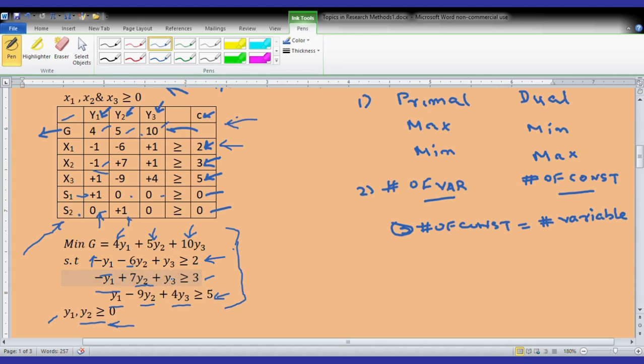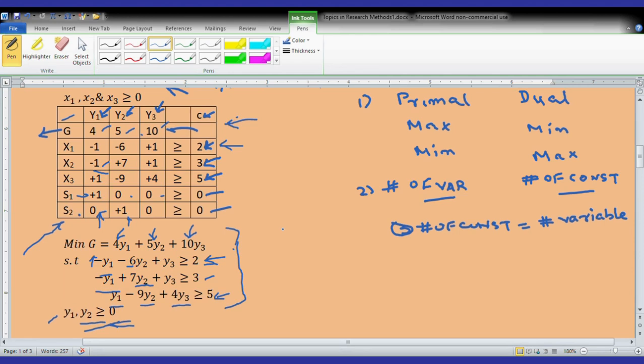What are those constraints? This is the first one, this is the second one, third one, and then these are your two other constraints, y1 greater than or equal to 0 and y2 greater than or equal to 0. So this is how we convert the primal into dual, and if you follow the same procedure, you will be able to convert this dual following the same steps back into primal.